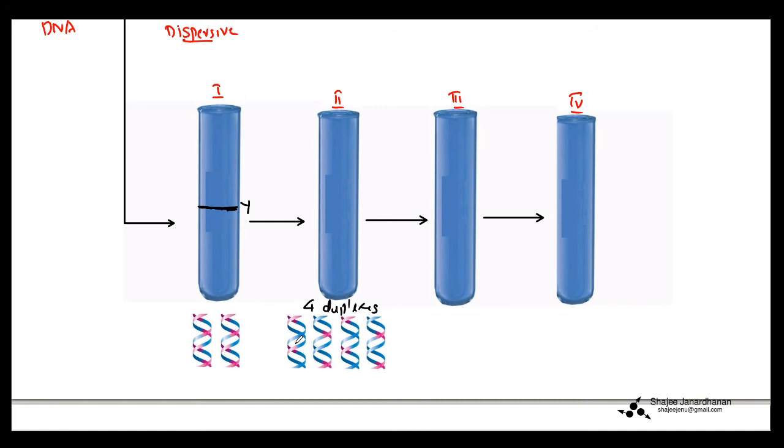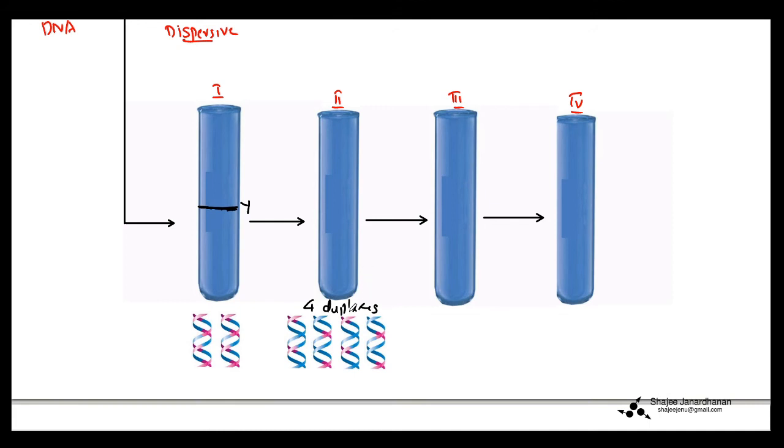Why? For the first generation, the bacteria has remained in that particular media for say 20 minutes only. But when you come to the second generation, they have been there for more than 40 minutes. So meaning that more N14 will be incorporated into these DNA.